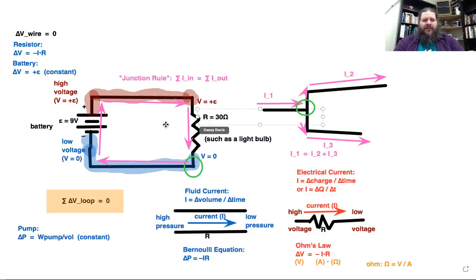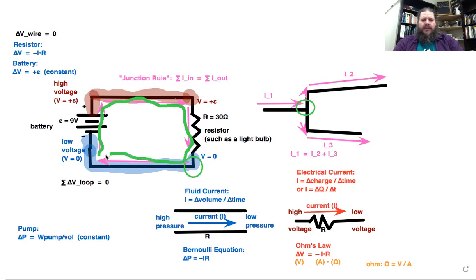That's enough information to solve for current, because if we set up the loop rule in this circuit, if you go around a complete loop, like, let's say we start at the lower left corner and go around a complete loop. What things have you passed through as you go through that loop? A battery and a resistor.